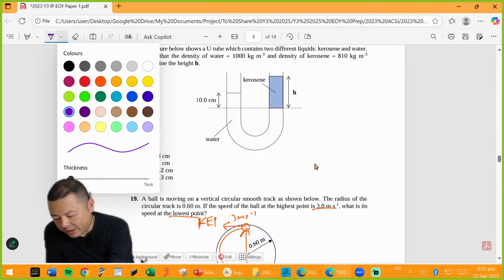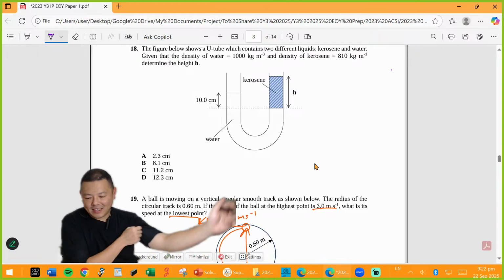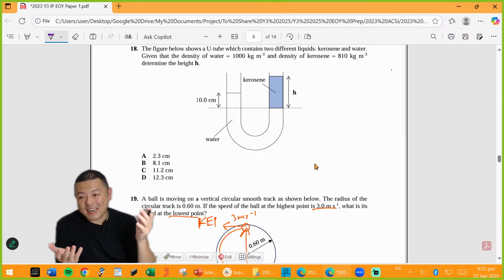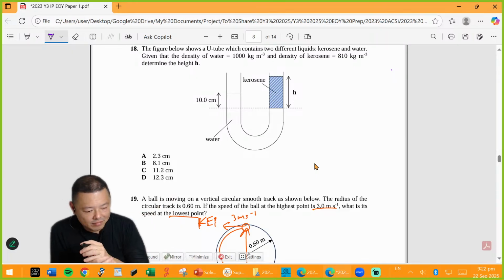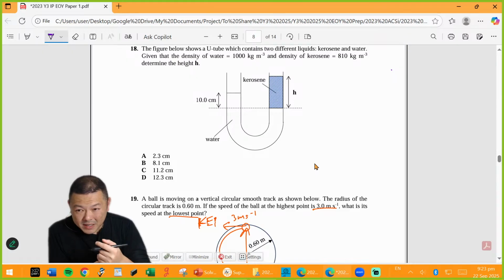I don't know how else to tell you. Every other year I will be explaining this like 10 times, 20 times. Exam comes, and this thing still gets wrong. So try not to make that a habit.